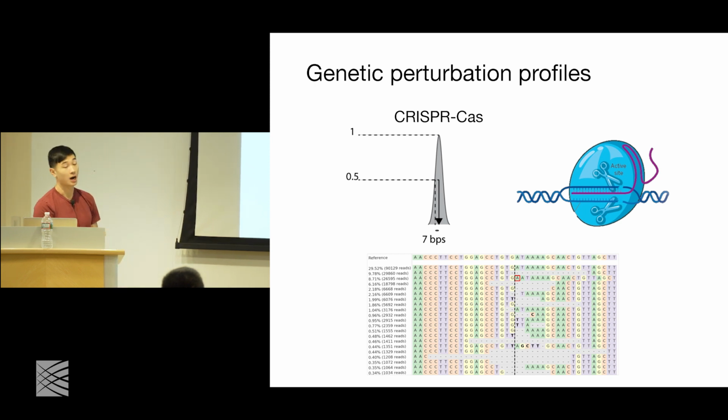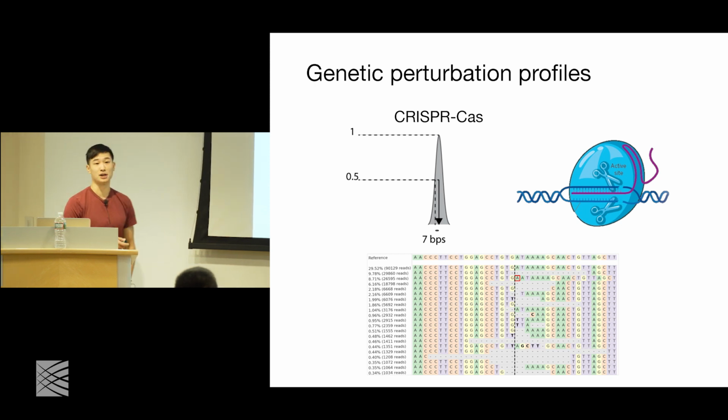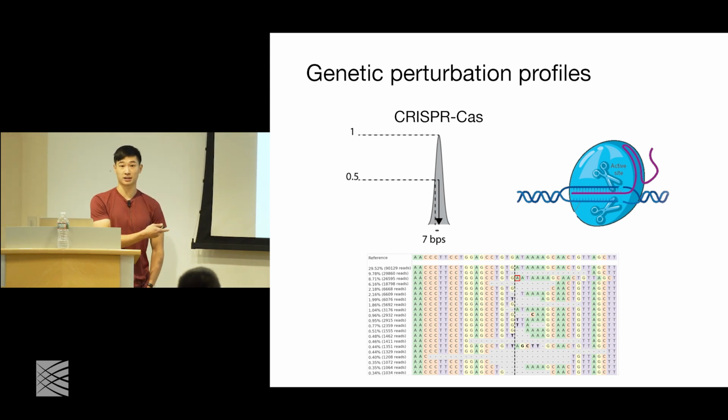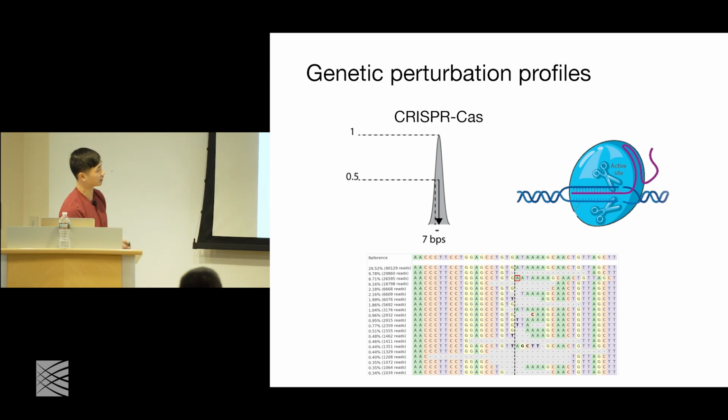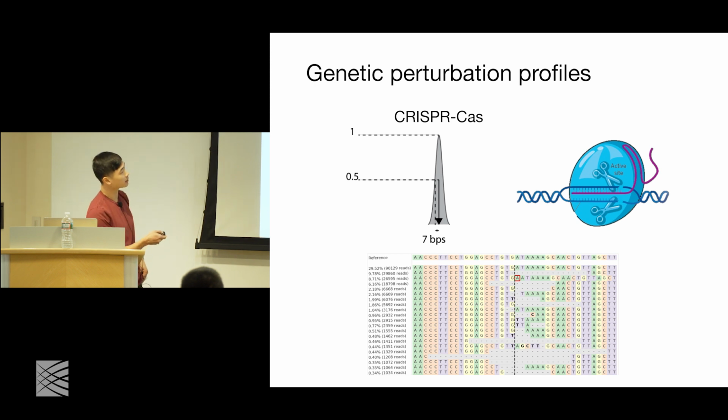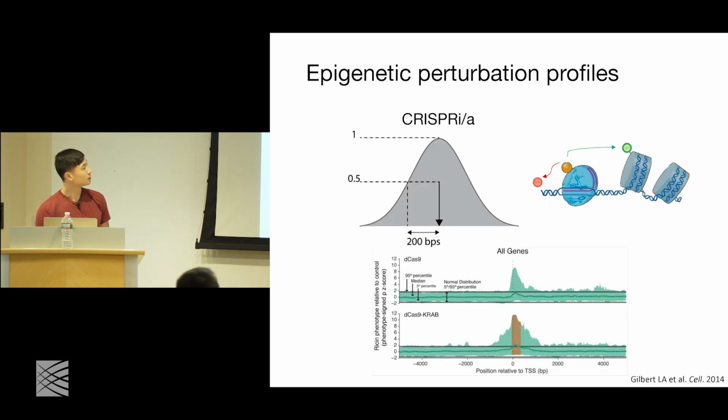In this case, we can take the wealth of information from deep sequencing of these genetic mutations, and then we can parameterize the indel distribution. For instance, a characteristic indel is between 1 to 30 base pairs, and we can build a Gaussian window that tries to describe this genotype complexity. That was for CRISPR-Cas9.